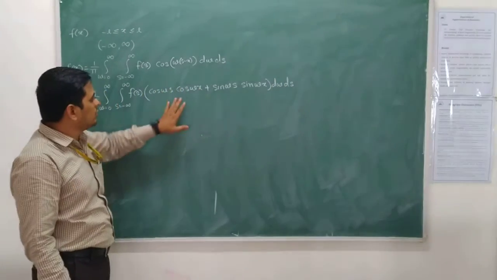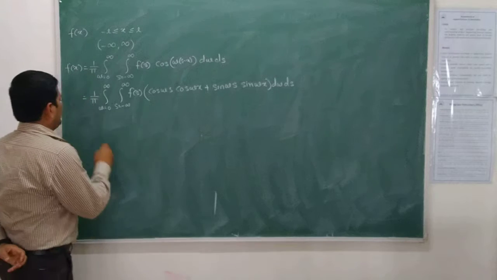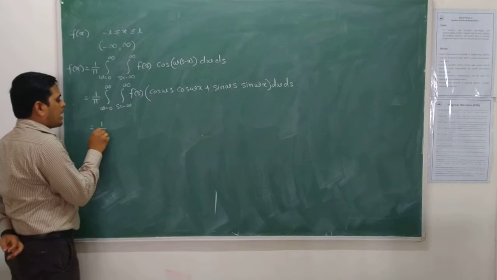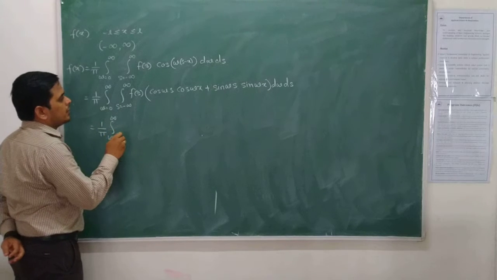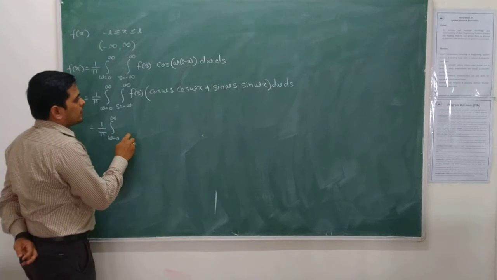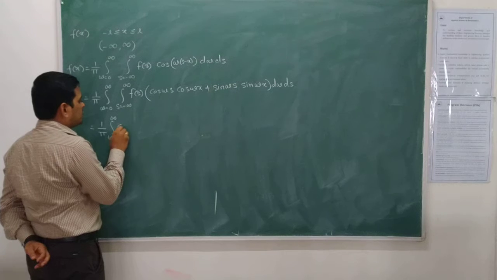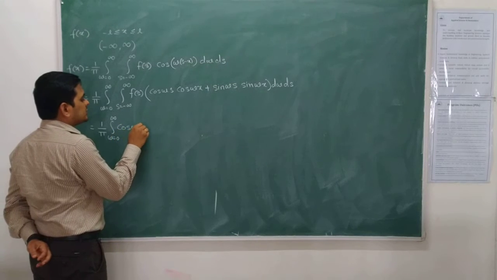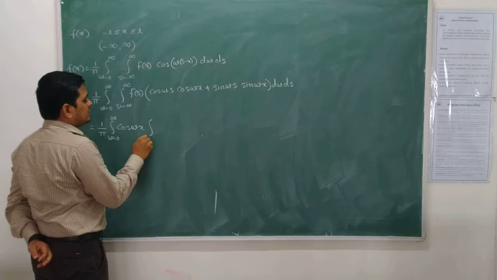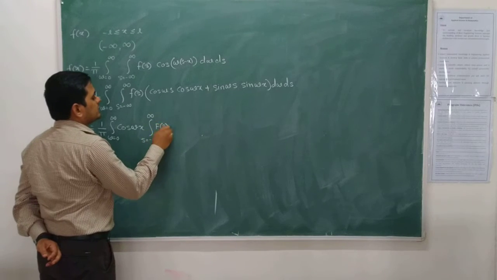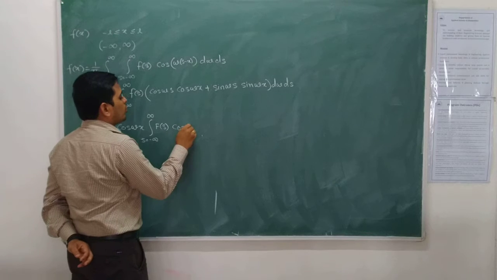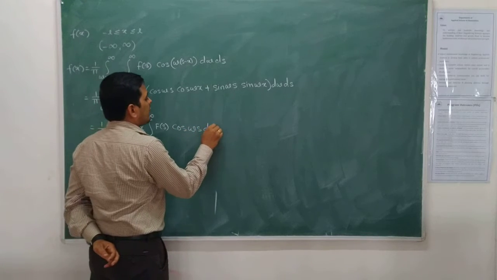Now separating the integral over this addition, we get 1 upon pi integration omega equal to 0 to infinity cos omega x integration s equal to minus infinity to plus infinity f of s into cos omega s d s d omega.